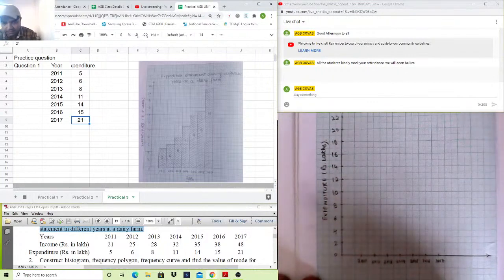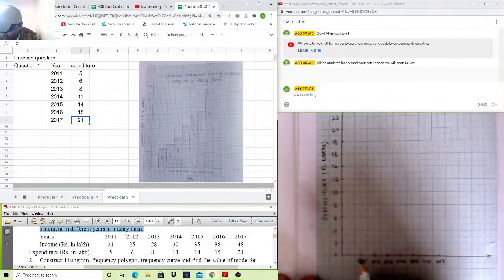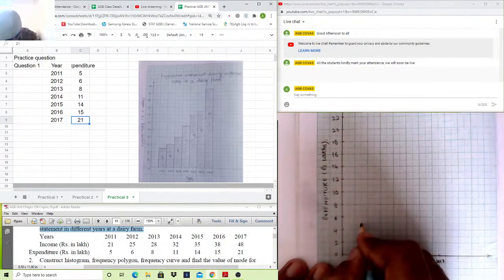Now we have to see that in 2011 the expenditure was 5. So 5 will come here.